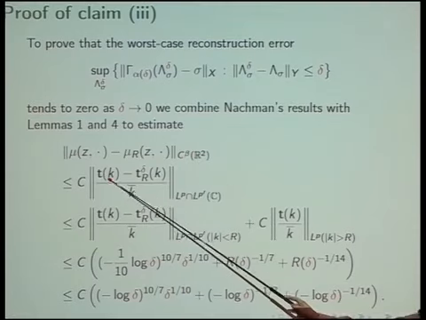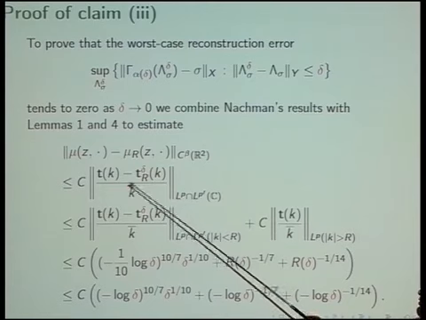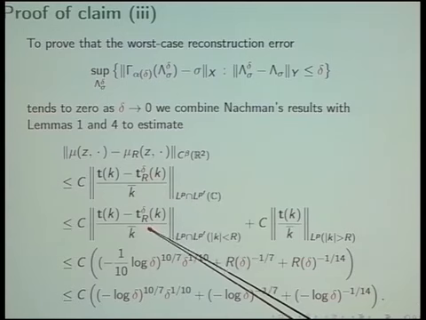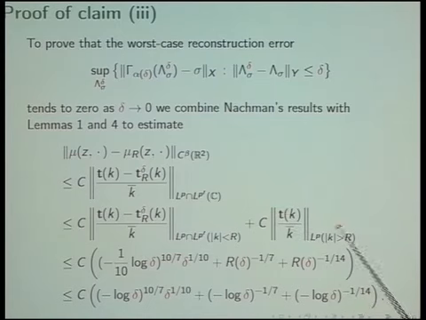Then we can compare the two kernels in the d-bar equation, but we know something about their difference. This is inside the disk, and outside the disk we have only this one because it's truncated. And then these lemmas we just saw, plugging everything in, shows that we can bound everything with these kinds of things containing logarithms and some powers, and we end up with this power 1 over 14, which is not optimal. It's just one of the exponents that work in this formula.